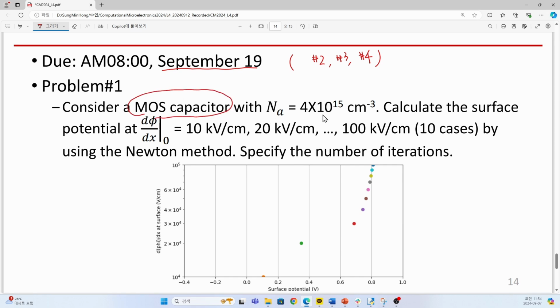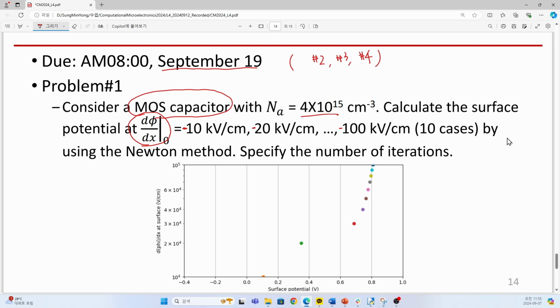The doping density is just kept as 4 times 10 to the 15 per cubic centimeter, and now we have 10 different surface gradients. I made a mistake or typo here. We have minus and minus, all of them are minus.